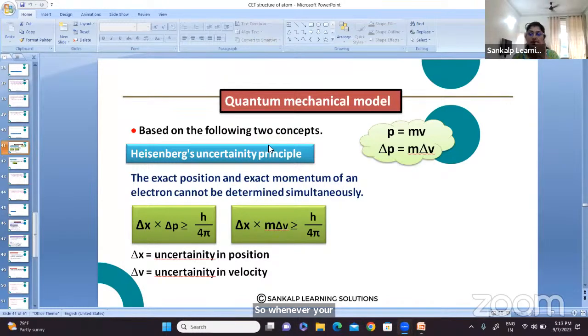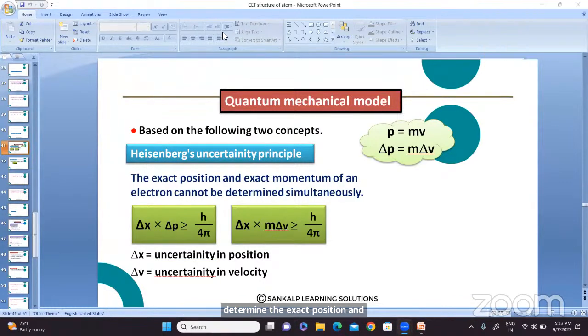Simultaneously means at a particular time. At one instant, you cannot calculate both. It is impossible to determine simultaneously both the exact position and exact momentum of an electron.